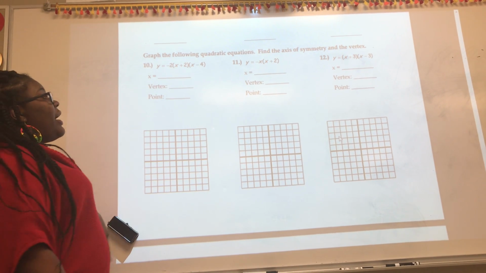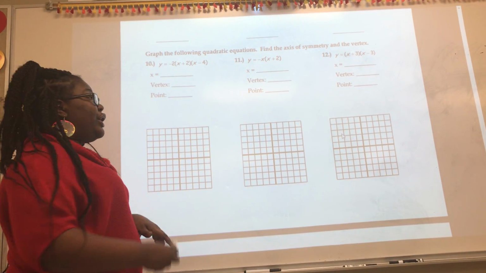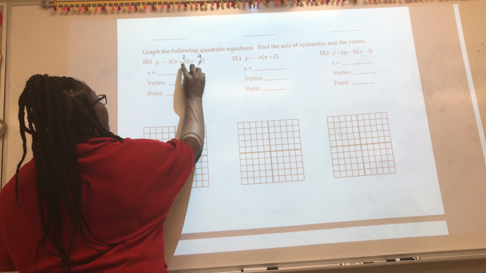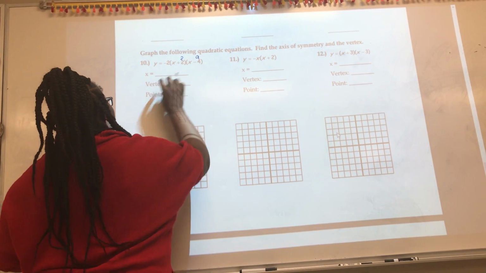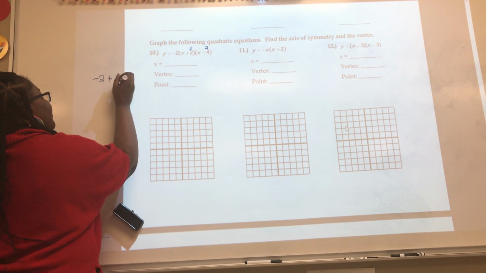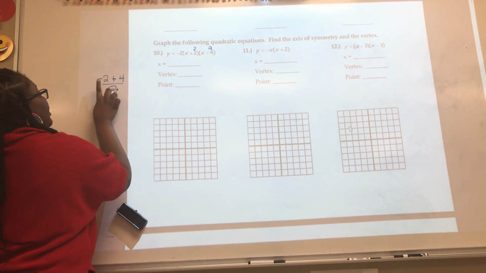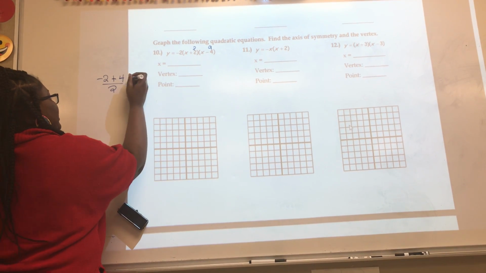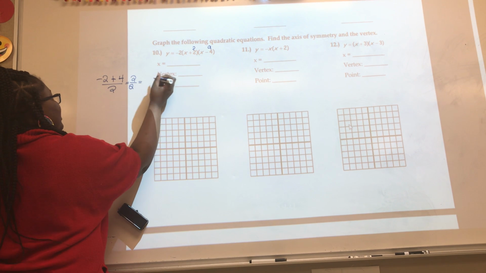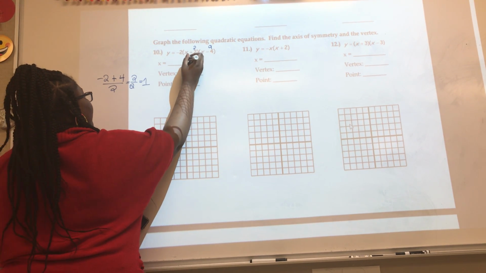To find your axis of symmetry, you need to label your P and your Q. Remember to use the opposite signs of what's present. So that's actually negative 2 plus positive 4 over 2. Negative 2 plus positive 4, that's positive 2 over 2, which means your axis of symmetry is 1.